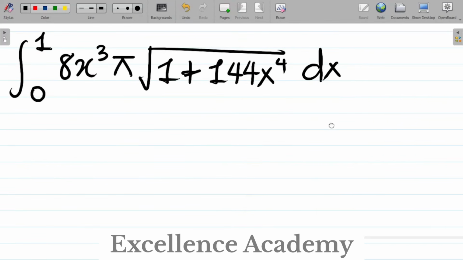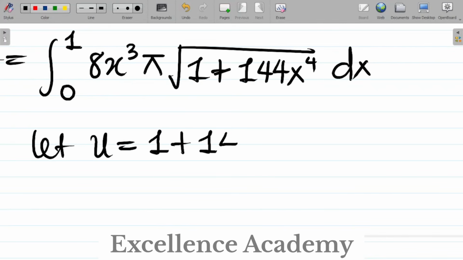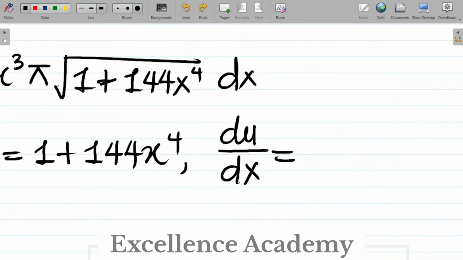So how do we evaluate this integral? We use substitution here. We say let u be equal to the term inside the square root sign. That's 1 plus 144x to the power 4. Let's get du dx, differentiating. Du dx is equal to, if I differentiate 1 here, a constant, gives you 0.